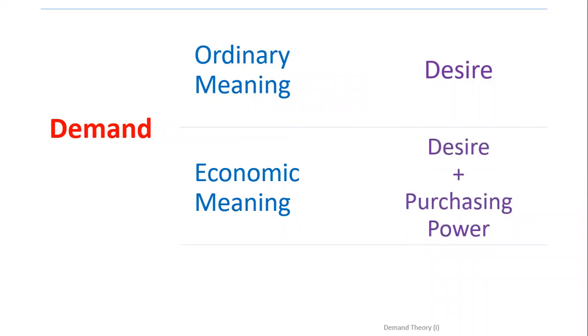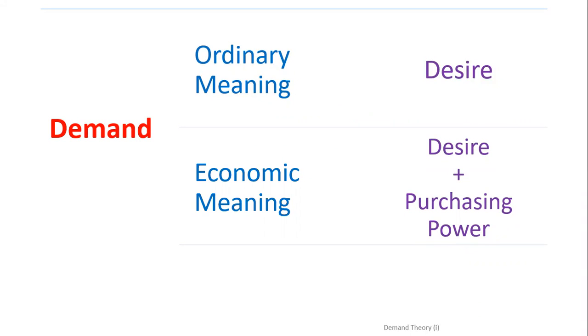Students, in our ordinary life, the desire and demand, both words are used simultaneously in almost similar meanings. However, in economics, demand means something more than desire. In economics, demand means the desire along with the purchasing power.